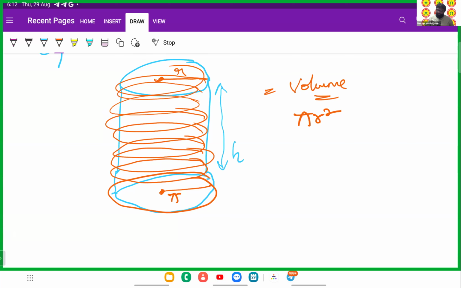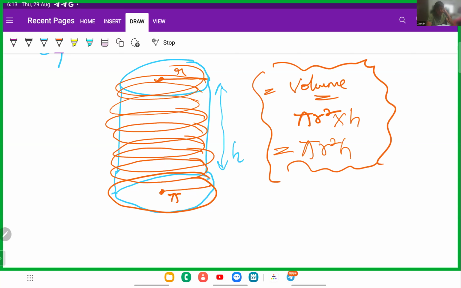So I am placing all these circles h times, one after the other, so that h length times I am placing. So pi r square into h. So volume will be pi r square h. I hope everyone of you got this.